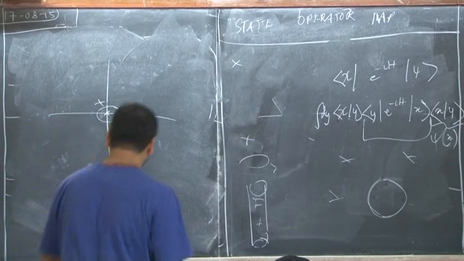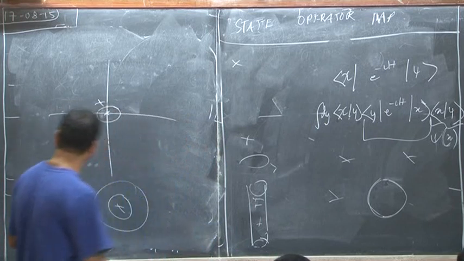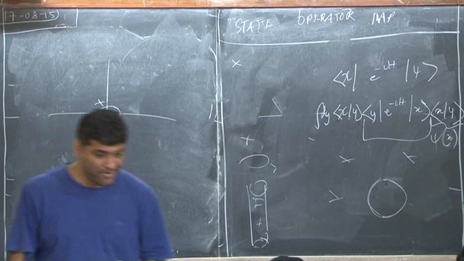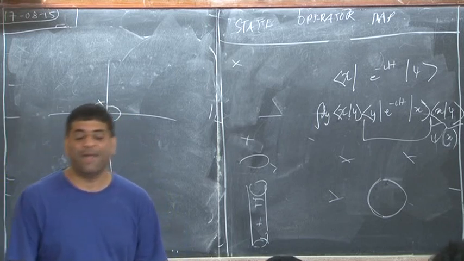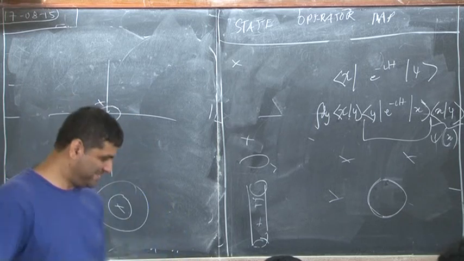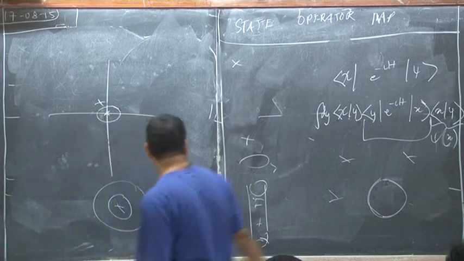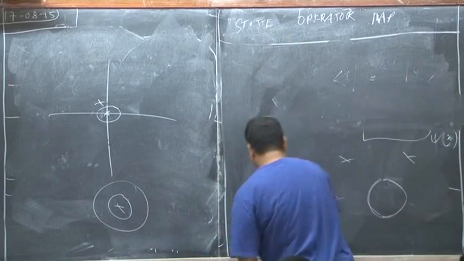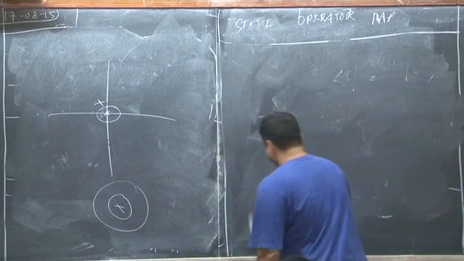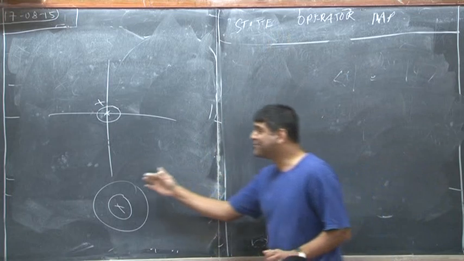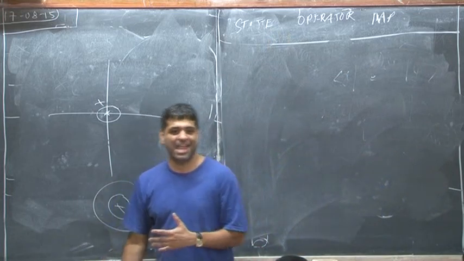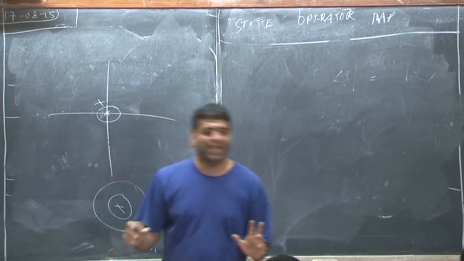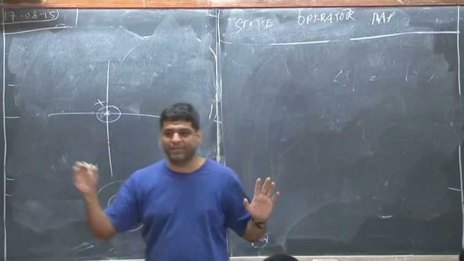This side of the map is true for any field. That's correct. Now, what I want to do is establish a map from states to operators. What is the map from states to operators? Well, once we've understood the map in this language, people talk about this map in Hilbert space language.